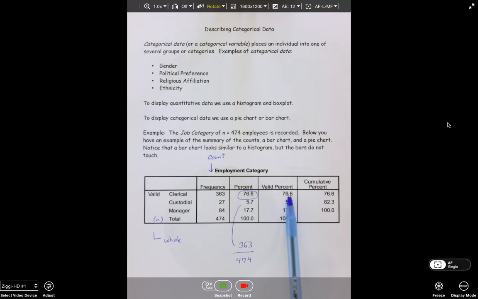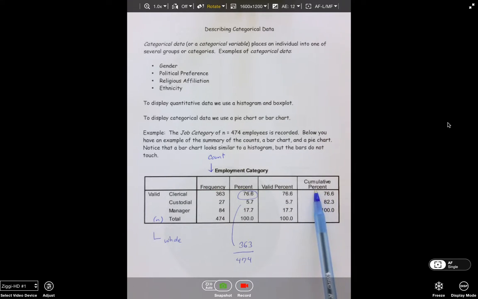So this valid percent, pretending that we live outside the real world here, that there's no missing data, no missing information, would just be a place where we would come in and talk about the missing data. But I don't think we get into that much in 1500.